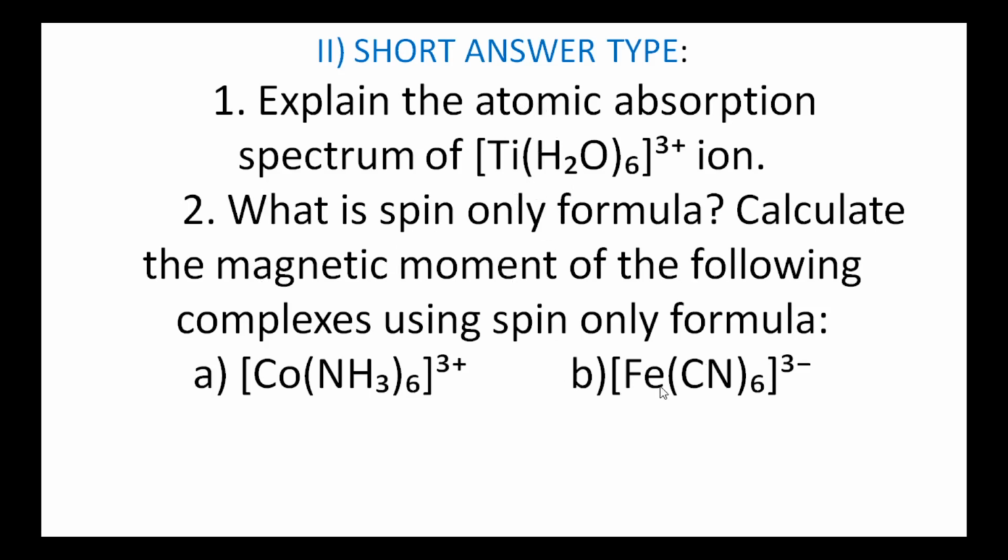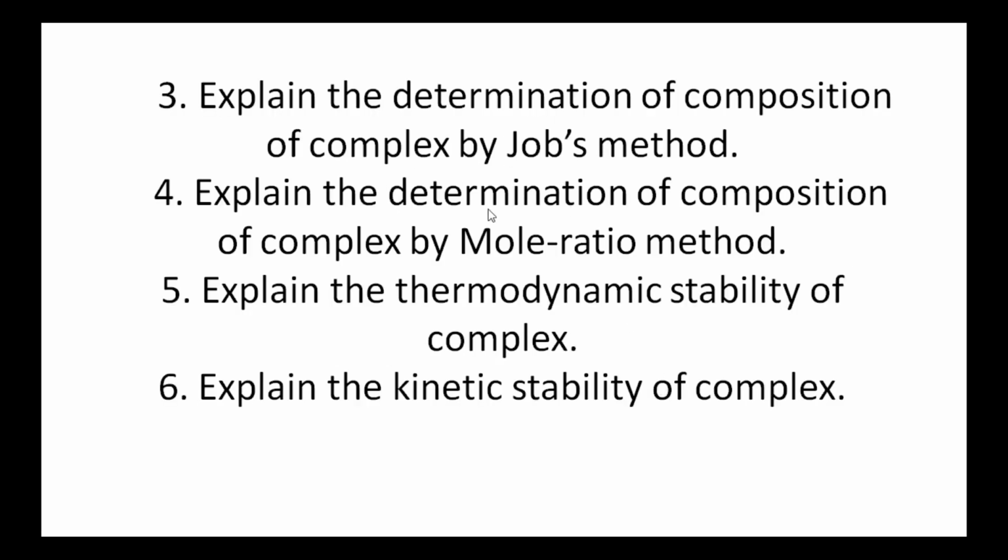These are the two questions. Next, these questions belong to the second lesson, stability of metal complexes. In this lesson, the third question is very important: explain the determination of composition of a complex by Job's method. Very important 5 marks question.